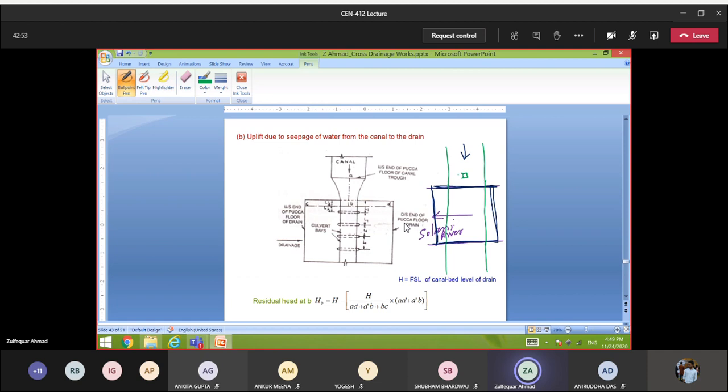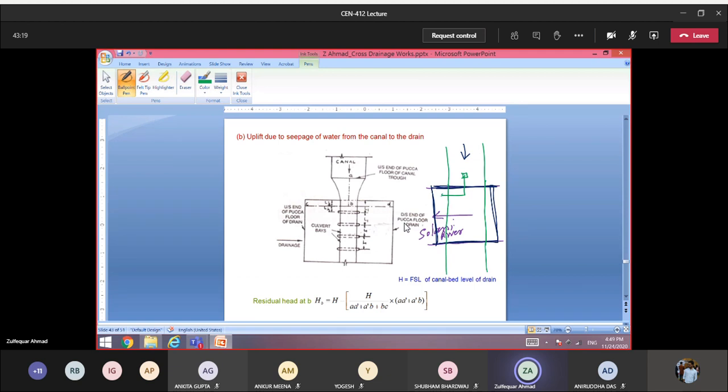Of course, if you are doing mathematical modeling, you have to do a 3D seepage analysis here. But from the design point of view and for simplification, we consider that from here the water goes down, then comes here, and then comes out.